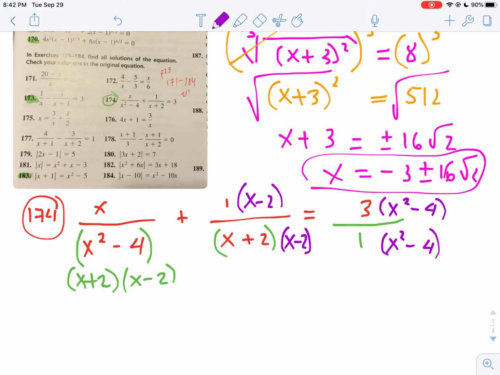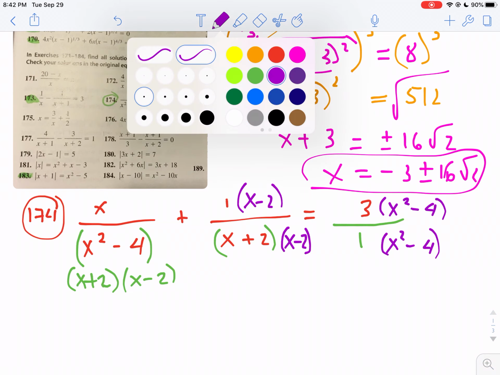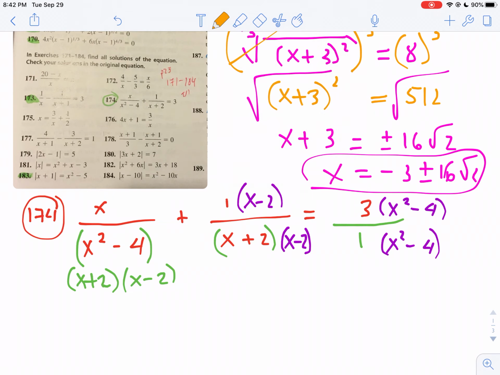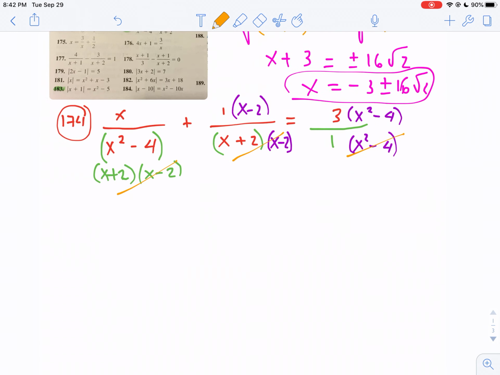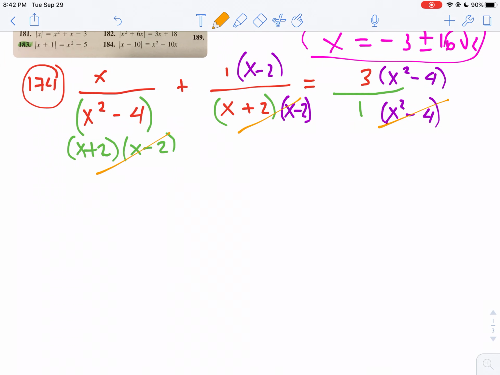Now all the denominators are the same, and I can just forget about them, and I'm just going to work on the top. On the top, I have x from the first term, then an x from the second term minus 2, equal to, on the other side, 3x squared minus 4.